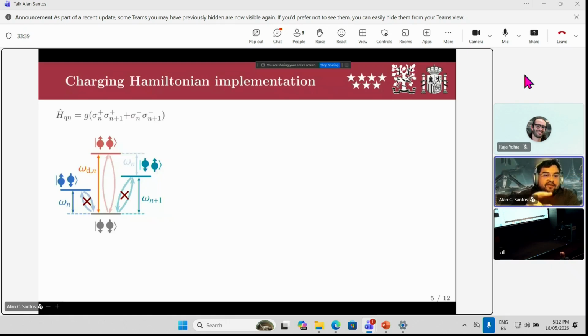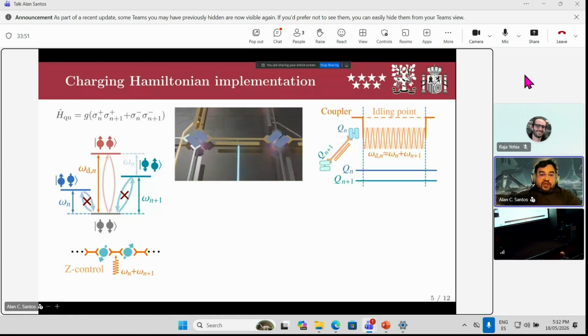Okay? It's not a flip-flop Hamiltonian, it's a two-photon transition Hamiltonian, which is quite complicated to engineer, but in principle, it can be nicely done in superconducting qubits, just applying a highly oscillating flux in the coupler that connects two qubits.